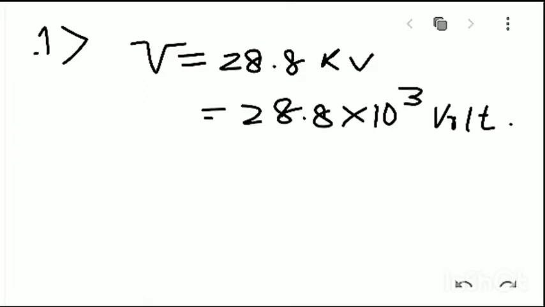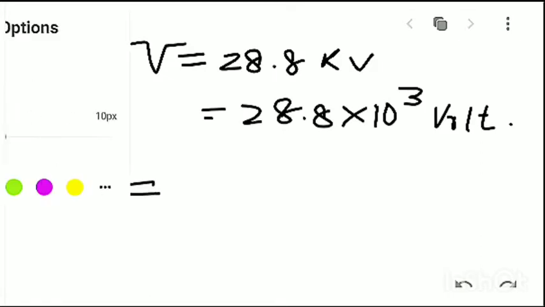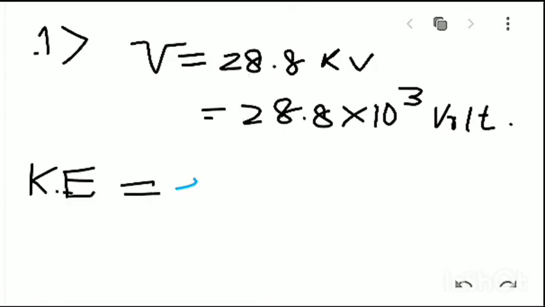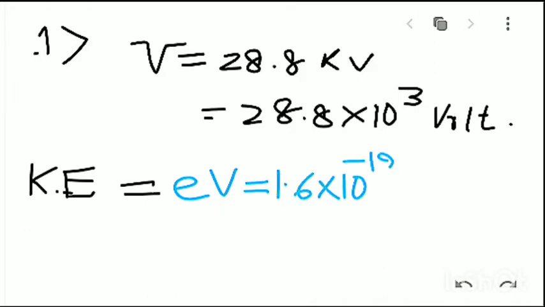Now what is the kinetic energy of the electron? The kinetic energy of the electron which is passed through a potential difference of V is what? I hope all of you remember. This is eV, meaning the charge of an electron multiplied by the voltage applied. The charge all of us know, and this is multiplied with the potential difference. Clear? Let's see the answer.